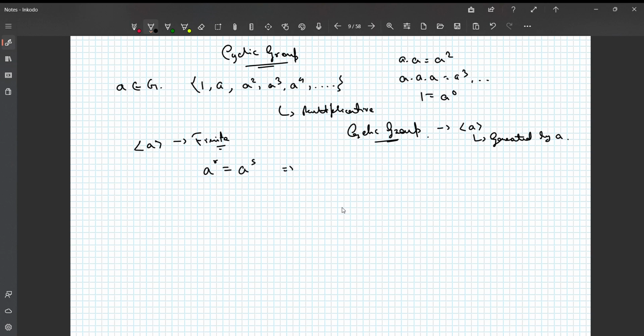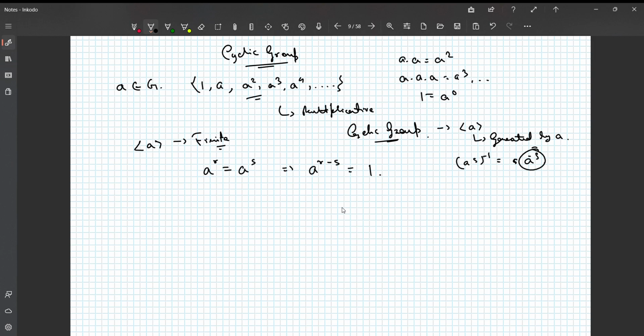I can easily multiply with A to the power s whole inverse, which is nothing but A to the power minus s. So this becomes A to the power r minus s equals 1. Notice that the multiplicative operation is analogous to the arithmetic of exponents.